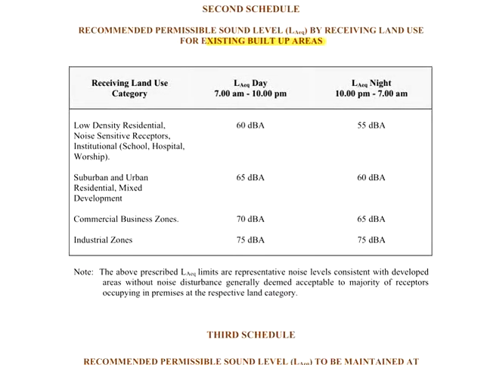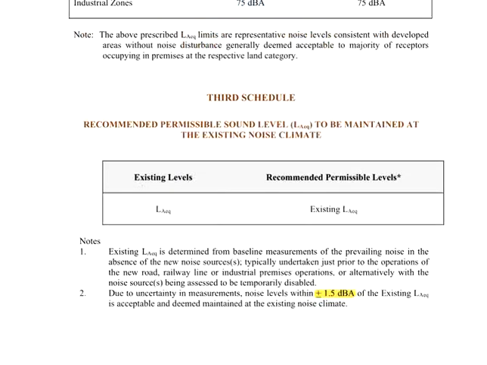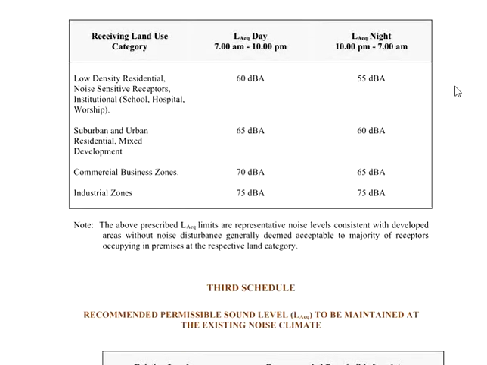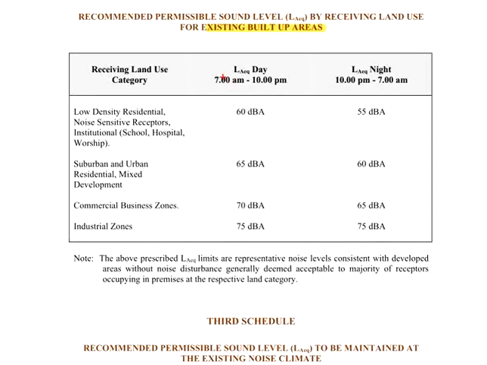In other words, for a developed area, when the noise level has already exceeded the permissible sound levels in the Schedule 2, the target is nearly impossible to be reduced to as required by the second schedule.